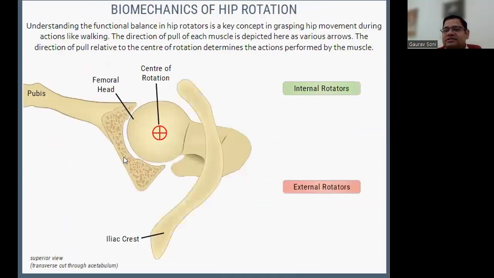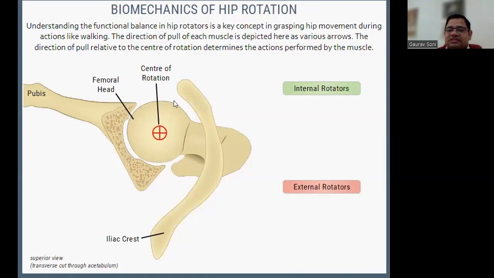Next, a little bit typical thing, that is biomechanics of hip rotators. Understanding the functional balance in hip rotators is a key concept in grasping hip movement during actions like walking. Again, I will recall this joint is weight bearing and also helps movement. The direction of pull of each muscle is depicted by the various arrows which we are going to see. So let's see the internal rotators.